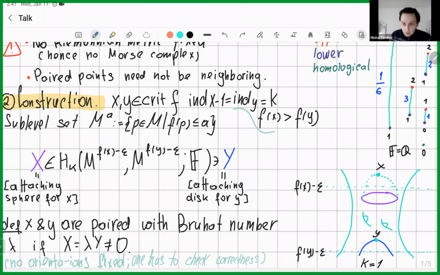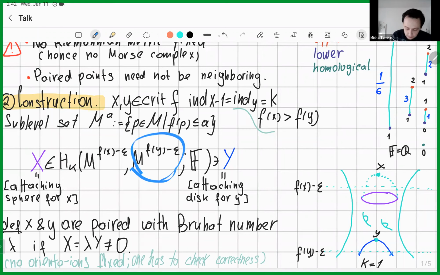The second class is Y, which is drawn in blue. This is the class of the attaching disk for y. I take the whole cell, which is now an essentially relative homology class because its boundary is non-empty. Its boundary is a k minus 1 sphere, which lives in this subspace. In this case it is a zero-dimensional sphere, two points, which live in this subspace.